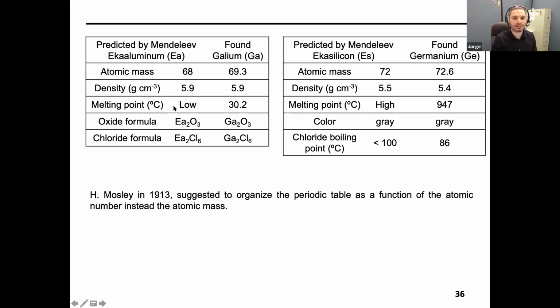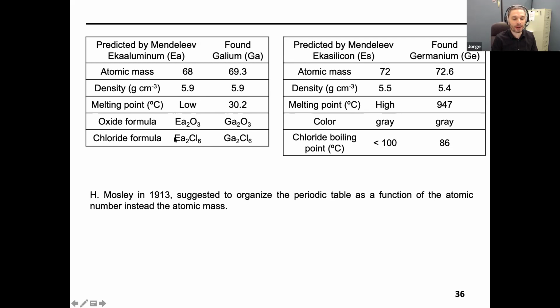Mendeleev predicted the melting point. This element would have a low melting point, and gallium melts at 30 degrees. Mendeleev also predicted that eka-aluminum will form oxides, and the formula would be 2 eka-aluminums to 3 oxygens, and that's exactly what gallium forms.